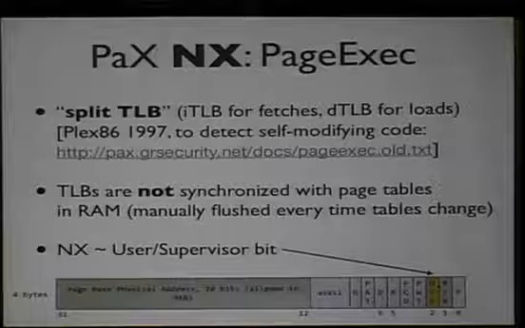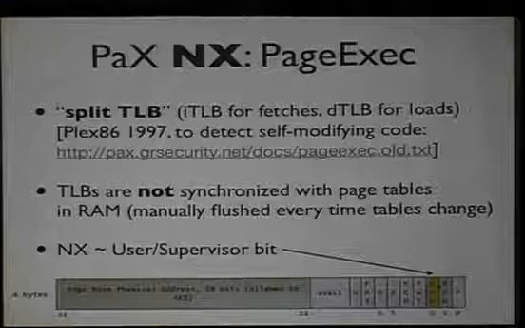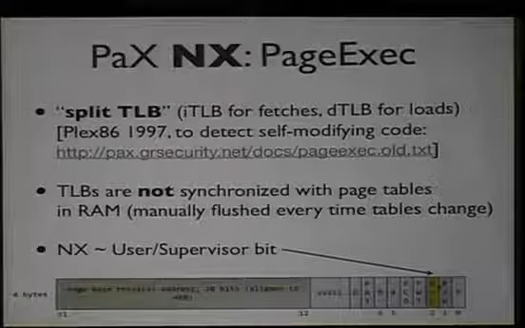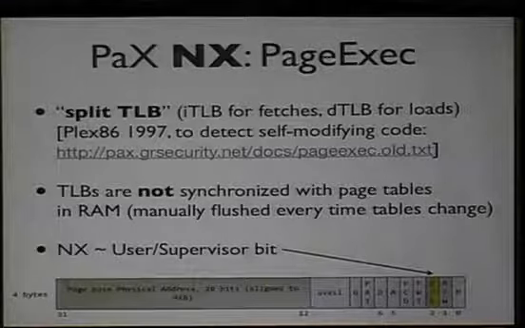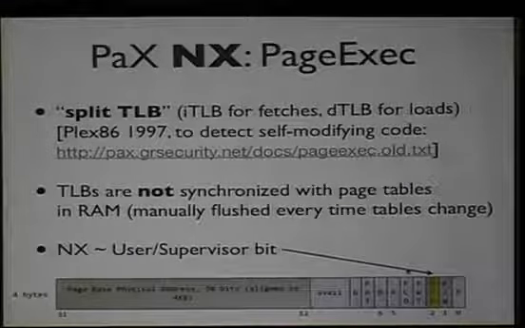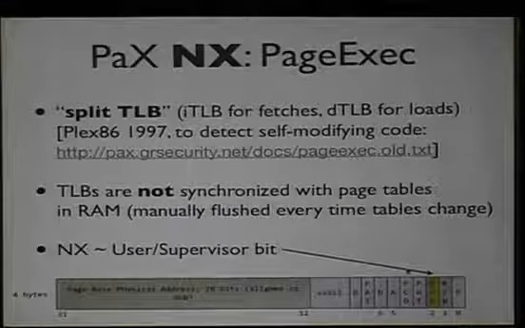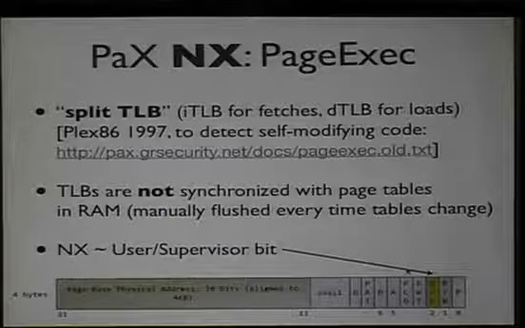So the user supervisor bit was used as the substitute for the non-executable bit when the non-executable bit wasn't there. It's at the top of the enhanced page table entry for 64-bit systems.